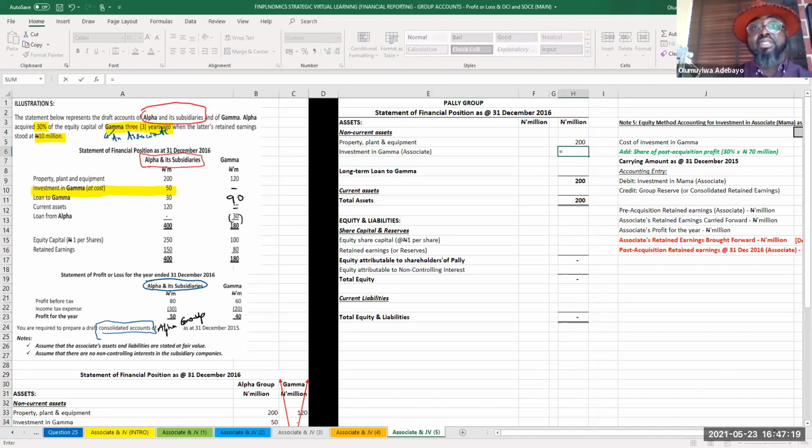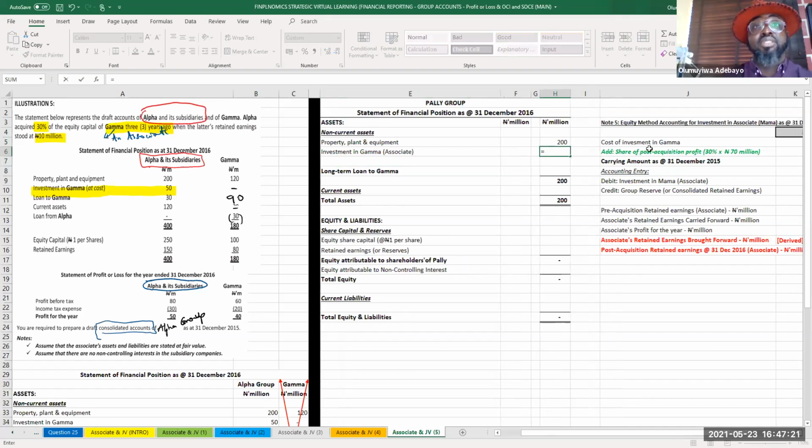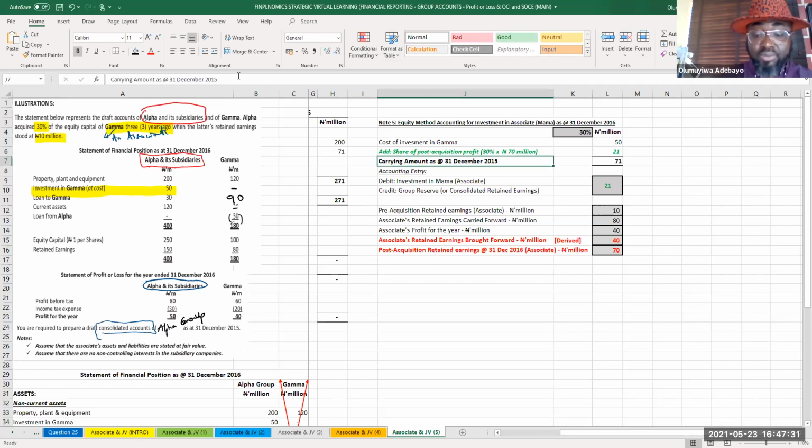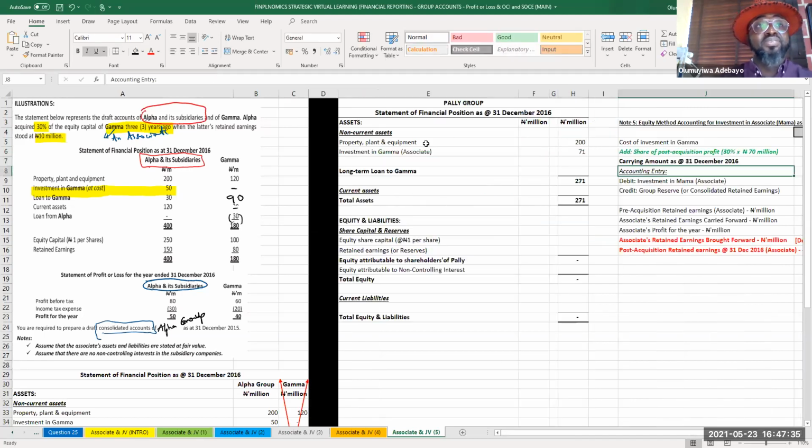No, investment in Gamma is not 0, is that 71? Is that not the same amount? Sir? Why is it 0? It's no longer 50.